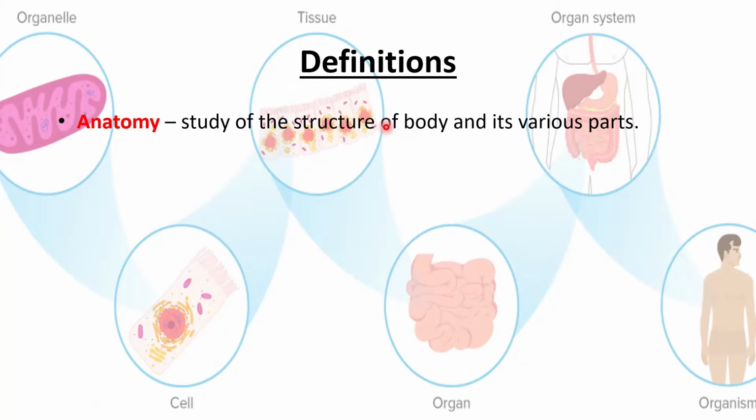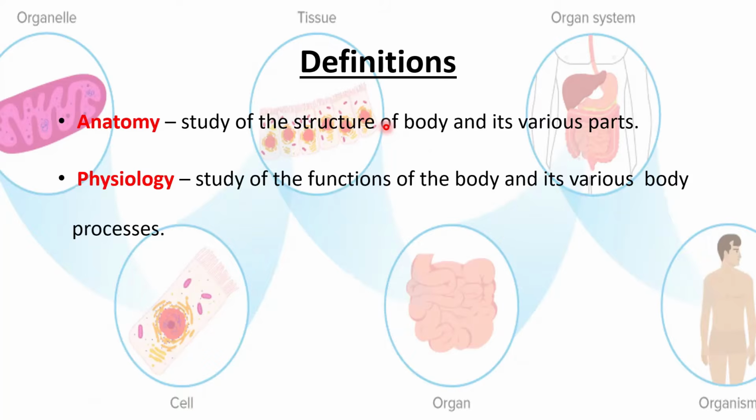For example, if you want to study the digestive system, you're studying its structure, its makeup. That's anatomy, and it's also the various parts of the digestive system, starting from the esophagus, the stomach, the rectum, the jejunum, the ileum. That's anatomy because you're studying the structure of the body.